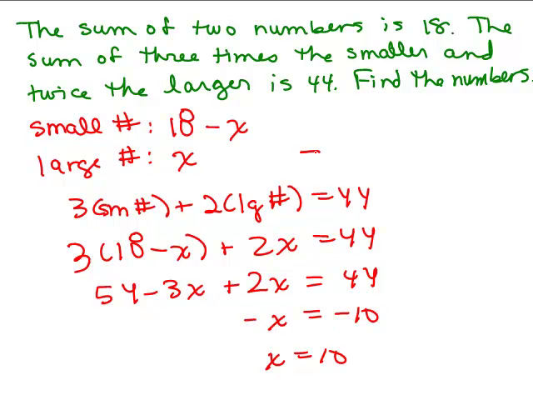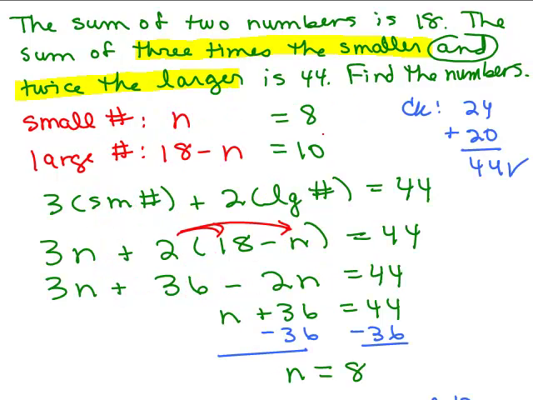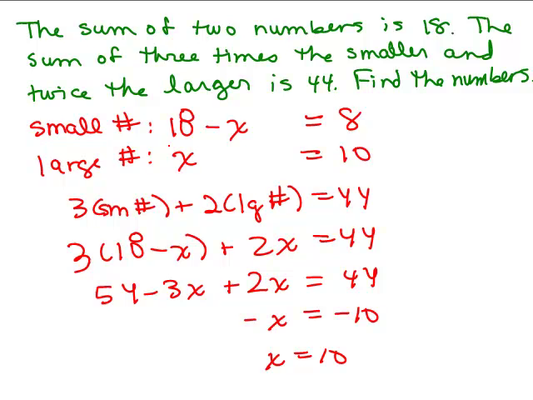You still get the large one is 10, and you'll still get the small number is 8, but the equation looks different. When I solve it, it's different. When I solve for my variable, I end up finding out what the large number is first. But in both cases, the small number is 8 and the large number is 10, just like how I did it here. I got the numbers are 8 and 10. Did it a different way, defining my variables slightly differently. I got 8 and 10.